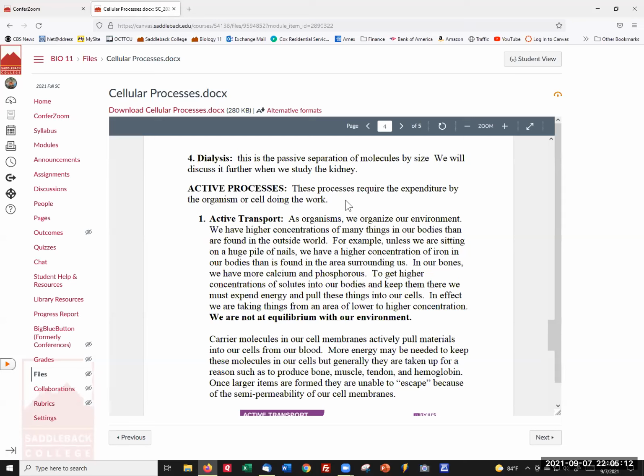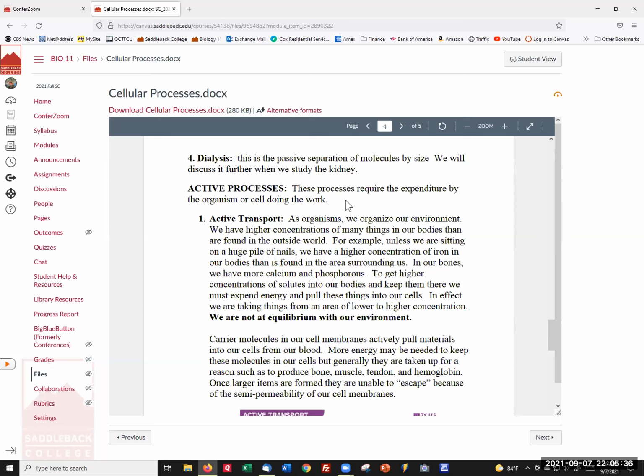Yet we're not. We have, for instance, a higher concentration of iron in our bodies than in the area surrounding us. We have accumulated it. Oh, that wouldn't be true if you're sitting on a pile of nails, but I know none of you are right now.